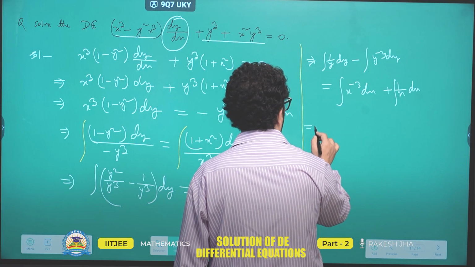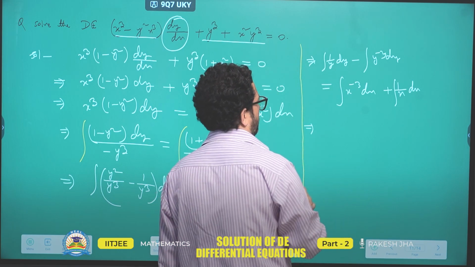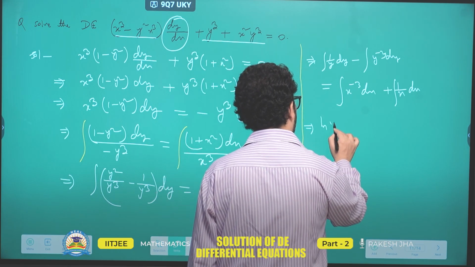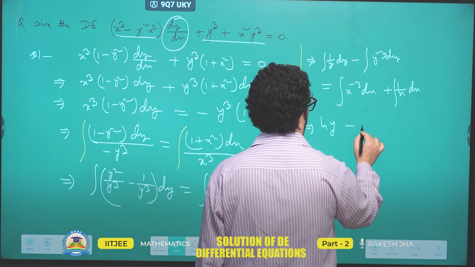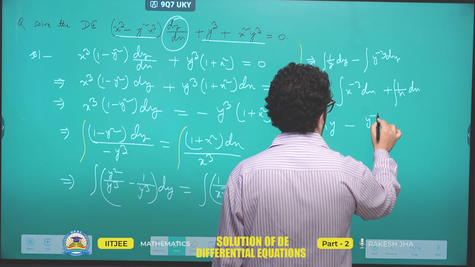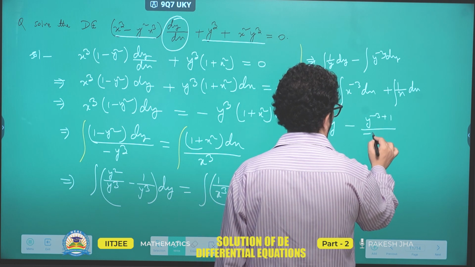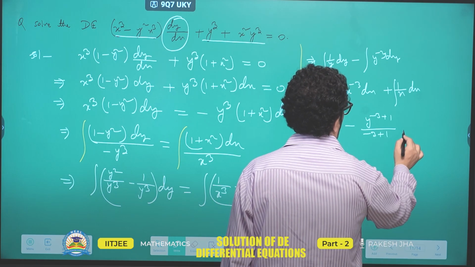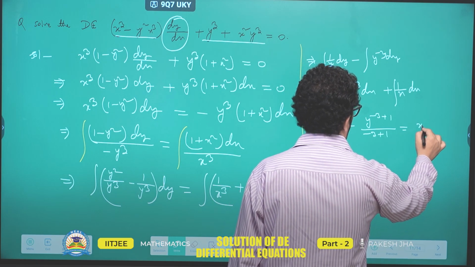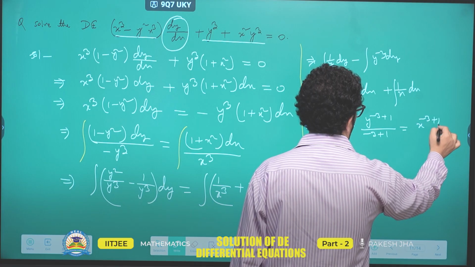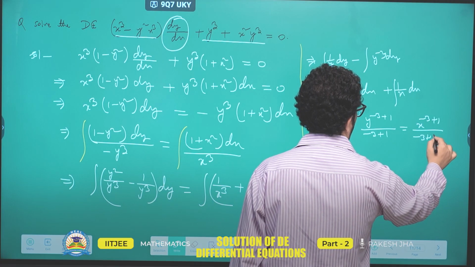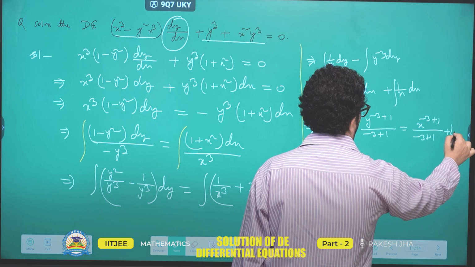Next step: the integral of 1 by y is log y, so we write ln y, and y raised to the power minus 3 plus 1 upon minus 3 plus 1 is equal to, similarly, x raised to the power negative 3 plus 1 upon negative 3 plus 1, plus ln x.